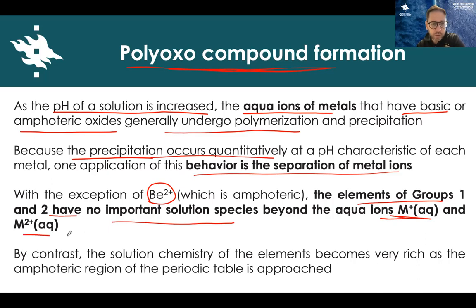For these species, no other important solution species occur beyond the aqueous ions. And then, of course, when we move to the amphoteric region of the periodic table, the solution chemistry can become more varied and richer.